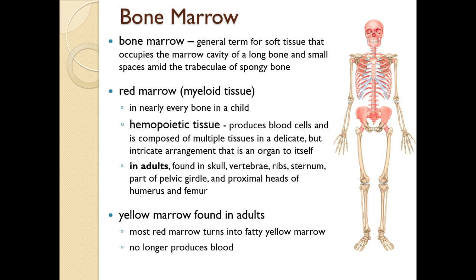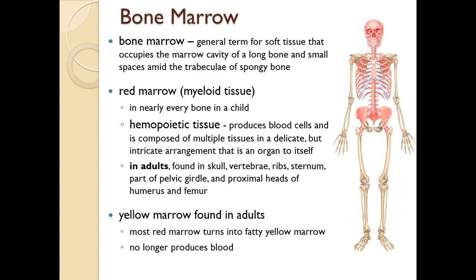So the same as femur. Let's look at the femur. It says the proximal head of the femur. So it's right here, right? Why is it called proximal? It's close to the point of attachment. So in the humerus, you will have the proximal head of the humerus. Now we have one over here.